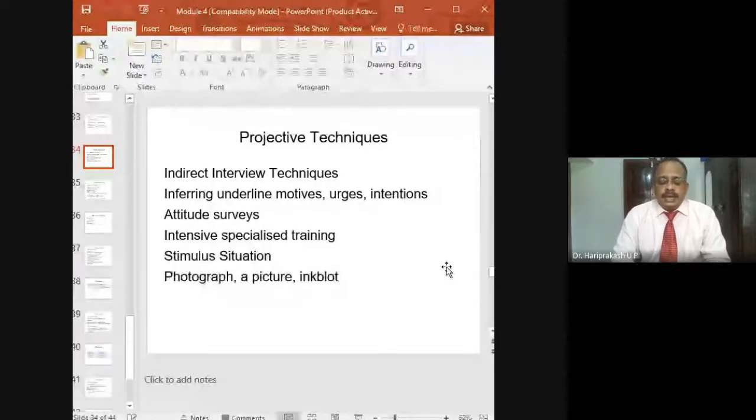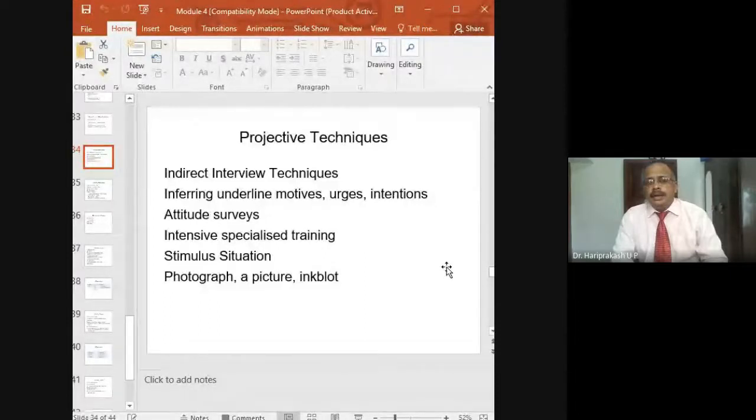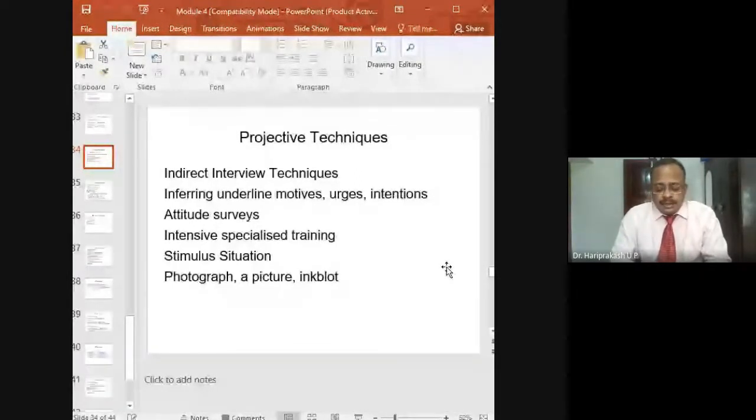In some cases, you will have to collect data from the respondents related to their motives, their intentions to buy, their intentions to do something, right? Their attitudes, attitude measurement. How do you do that?